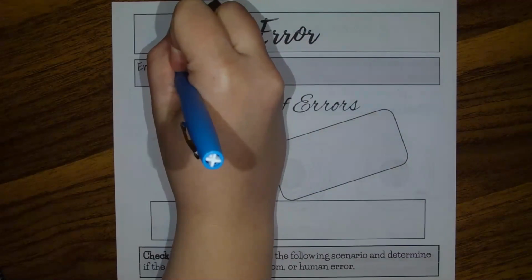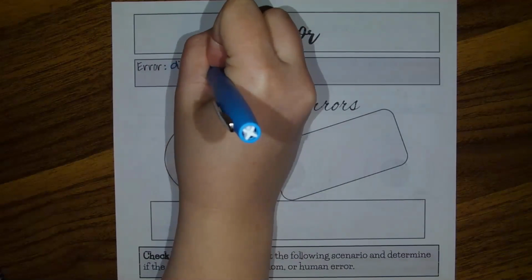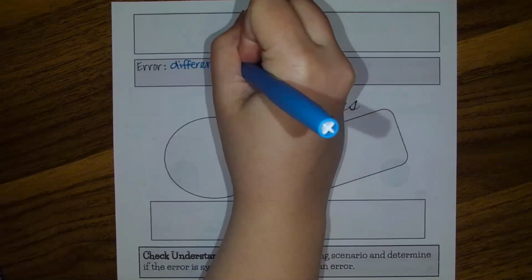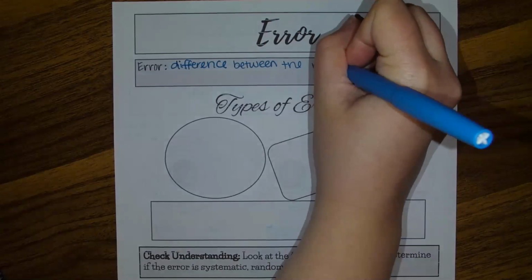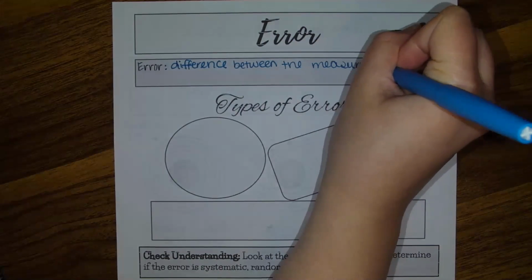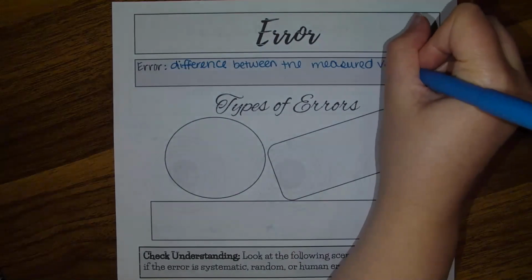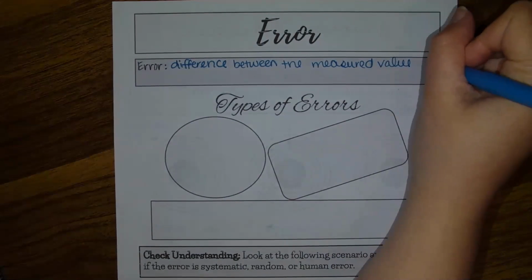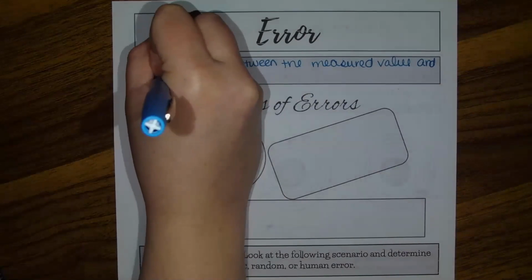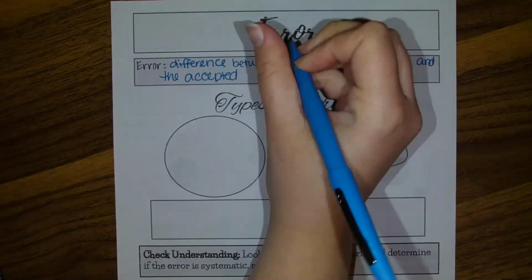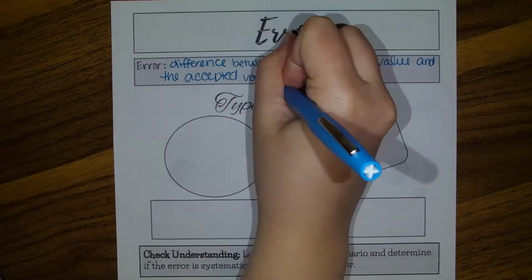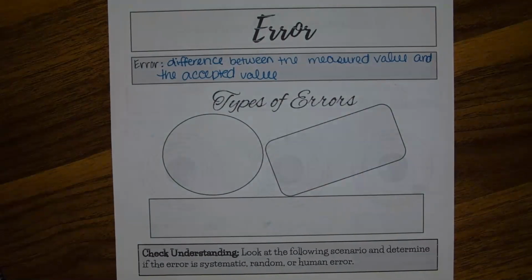And essentially, error is the difference between the measured value and the accepted value, or correct value, or true value, or given value, whatever the value that you're given that is supposed to be the standard. So if we were looking at 30.6, the accepted value is 30.6. Okay.